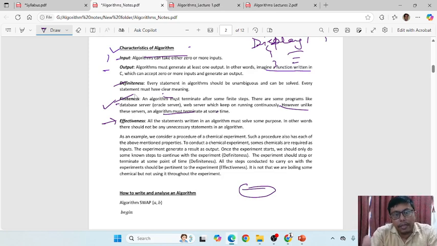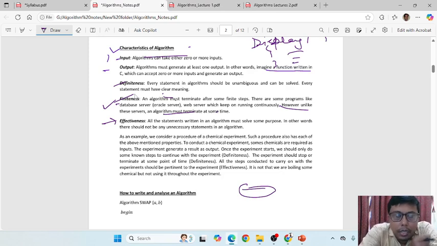Because an algorithm, at the end of the day, is also a step-by-step procedure to solve a problem, and the chemical or physical experiment is again a procedure. So the characteristics of an algorithm you have studied, you can also observe for such an experiment.